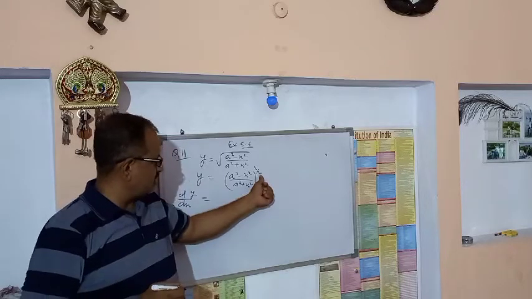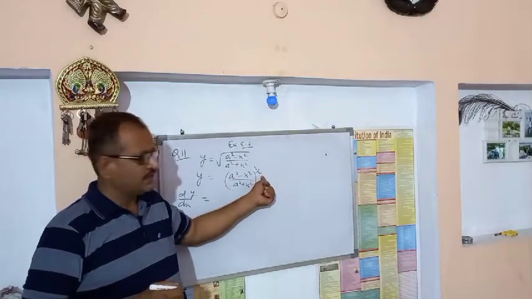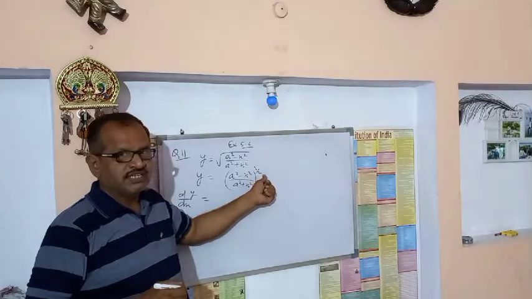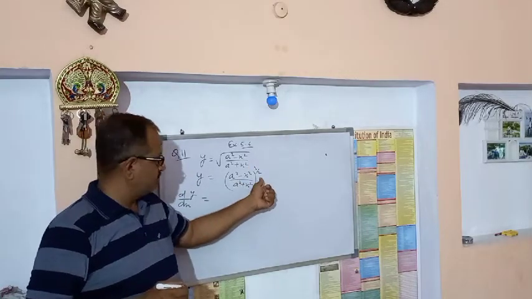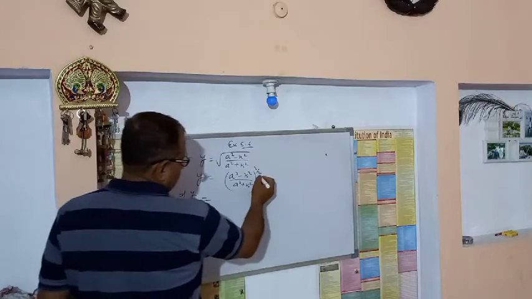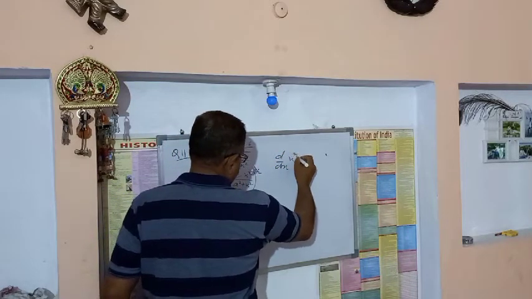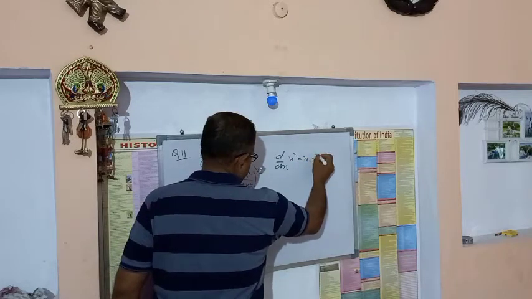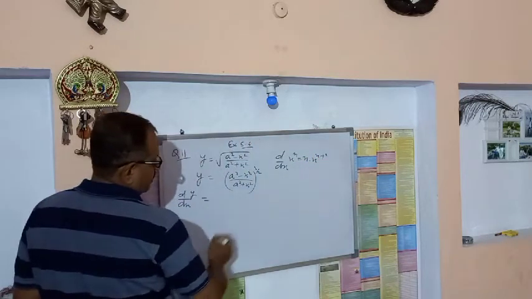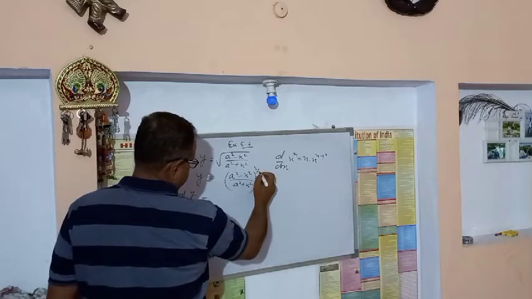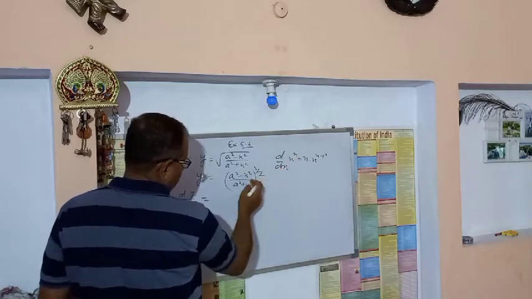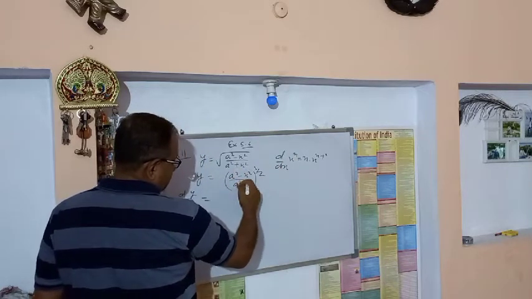What is the outer function? That is the power. So firstly we have to differentiate the power function. So how can we differentiate? Using this result, n into x to the power n minus 1. What is n here? 1 by 2. n is 1 by 2. And what is x? This bracket is x.